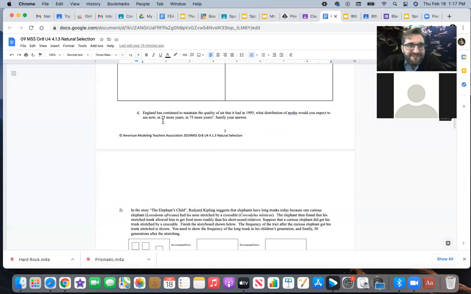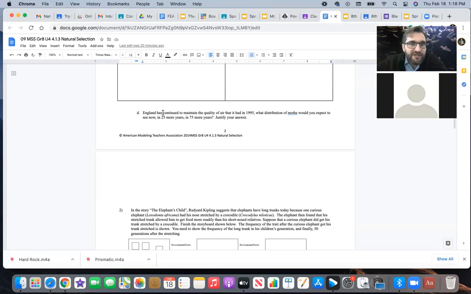Okay. D wants you to consider air quality and how it may have changed in 1995. What distribution of moths would you expect to see in 25 years or 75 years based on whether that air quality may or may not have changed?